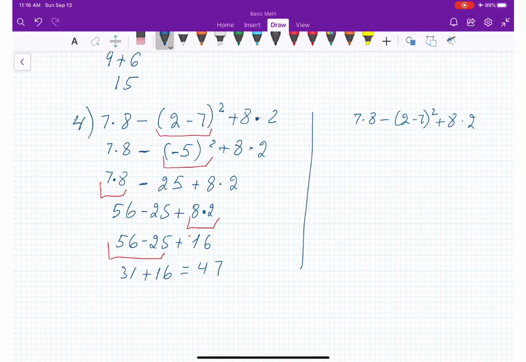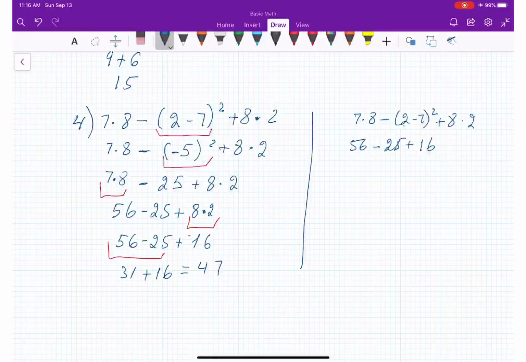So I would do 7 times 8, 8 times 2, and 2 minus 7 squared right away, because they are connected with addition and subtraction, so I can't move ahead until I clear these multiplications and exponent. So it's going to be 56. Here would be the 2 minus 7, negative 5 squared will be 25, and then 8 times 2, 16.